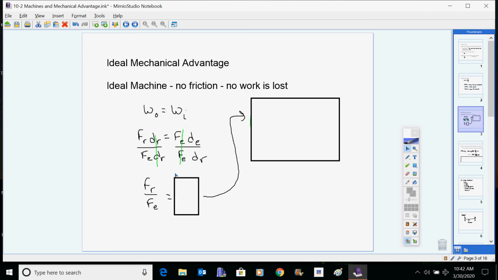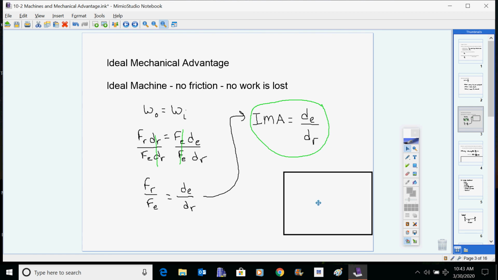So in the ideal case, what we find is that this equals DE over DR, the effort distance over the resistance distance, and that gives us a quantity called the ideal mechanical advantage.